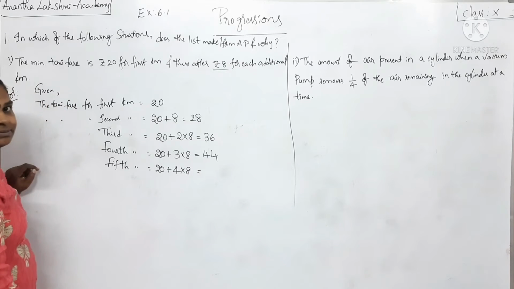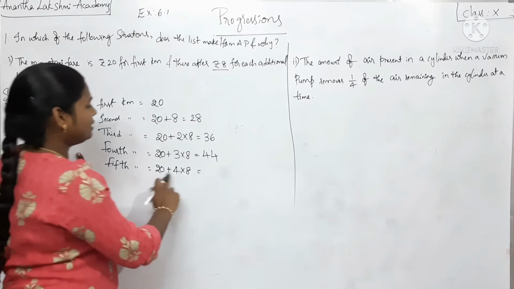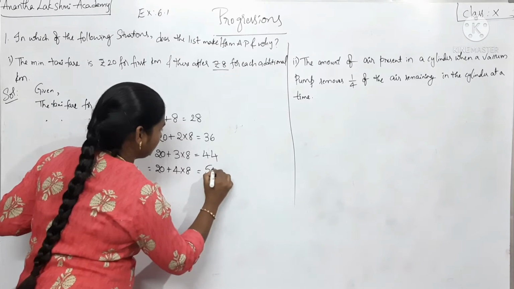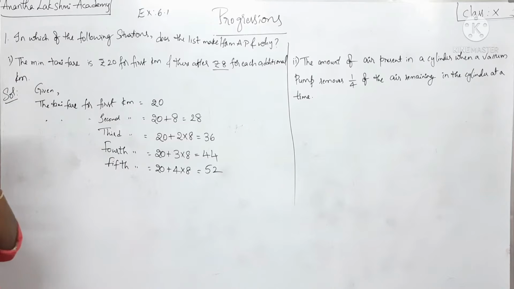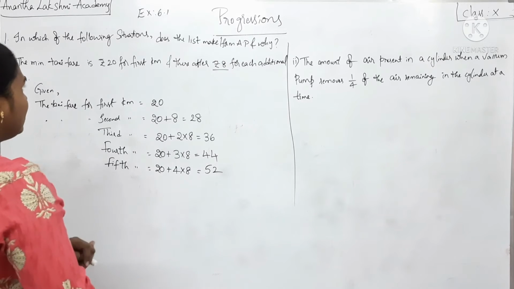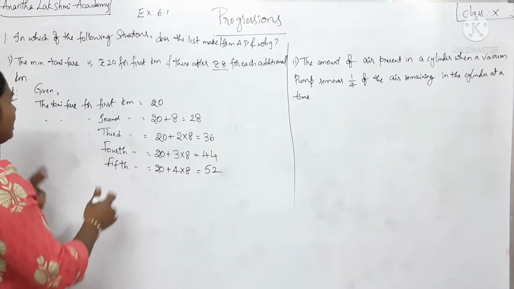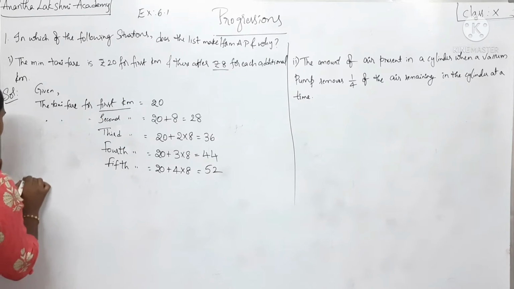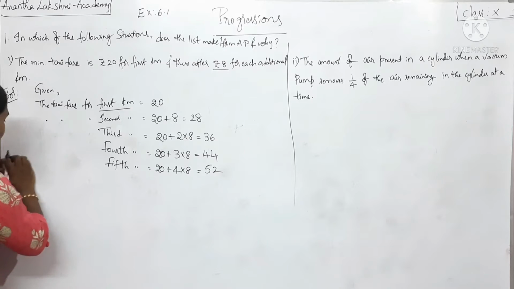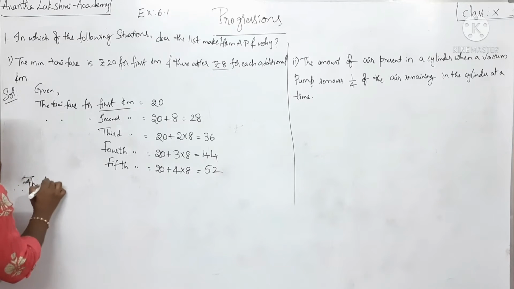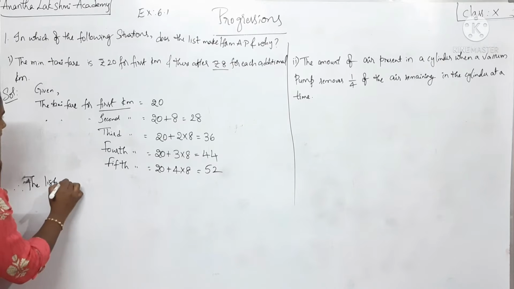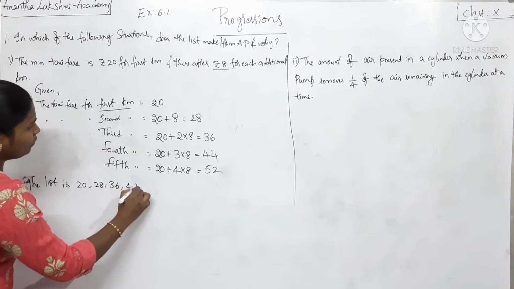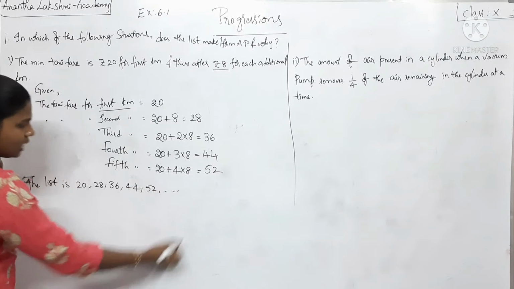So 20 plus 4 into 8, which is 32. 32 plus 20 is 52. So now, if you look at this series, the list becomes 20, 28, 36, 44, 52 and so on as it goes on.